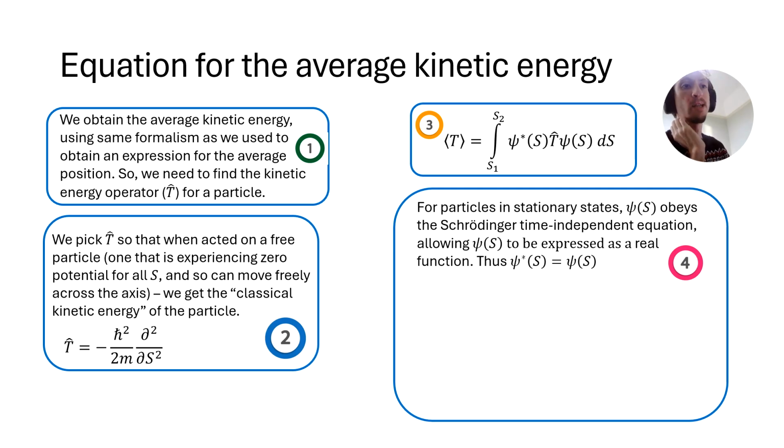Now, one thing is for stationary state particles, they're described by real wave functions. At least the wave function describing the probability of locating a particle at a point in space, or in a region in space, I should say, that wave function can be described by a real function.